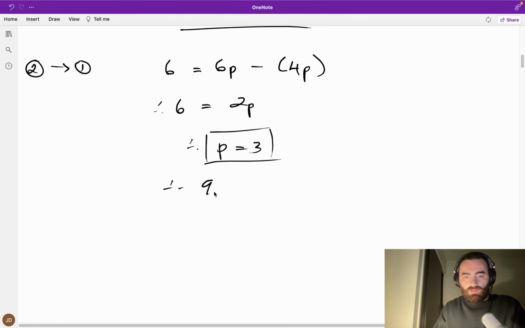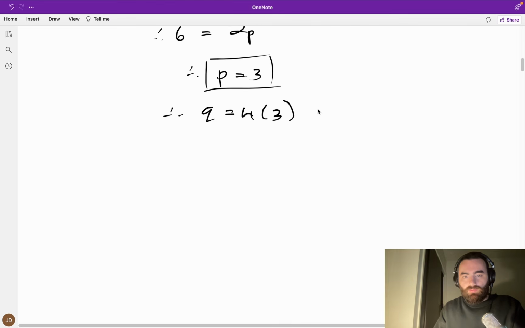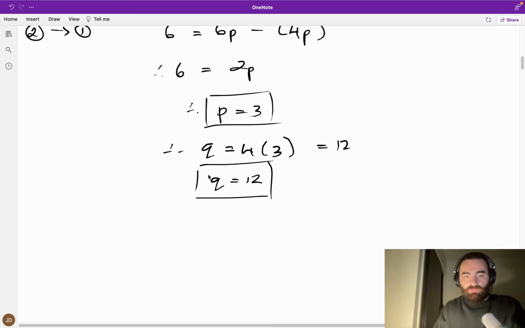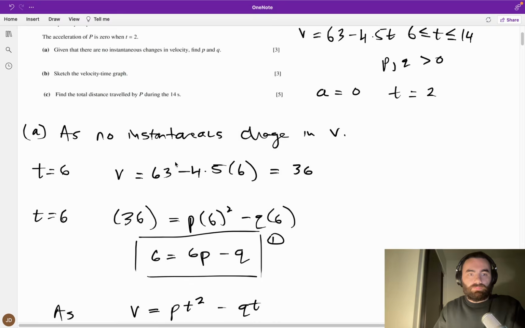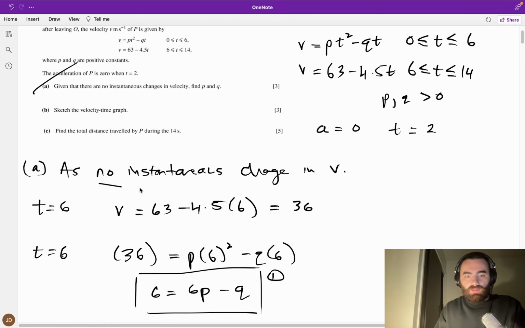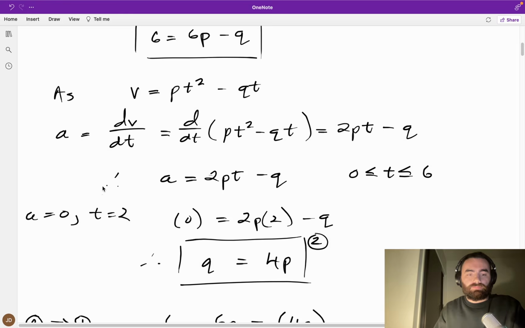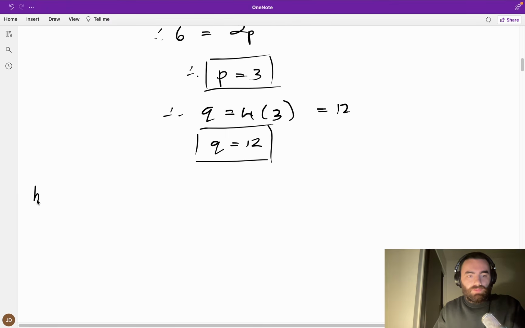So q equals 4 times 3, which equals 12. So we found our p and q. So it's important to understand what this means. That's why we could find this first equation. Okay, so sketch the velocity time graph. 3 marks. Okay, part B.